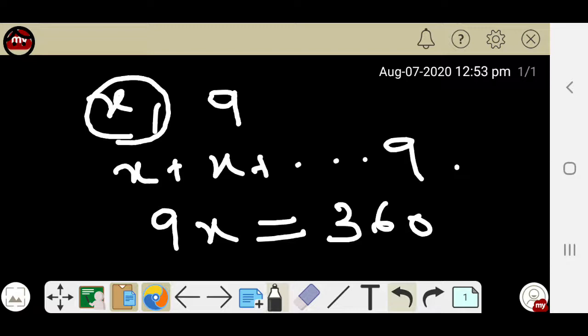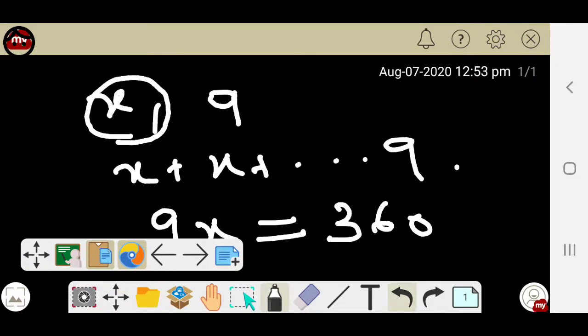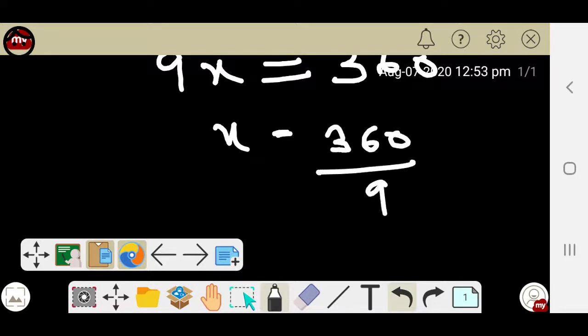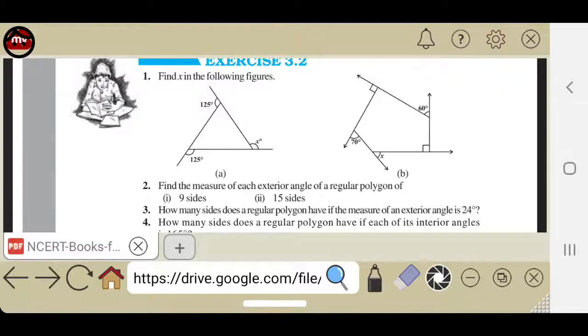If 9x equals 360, then what is x? X equal to 360 by 9. 360 by 9 equals 40 degree. Okay. Then what is the next question?